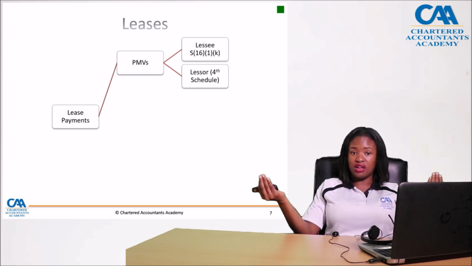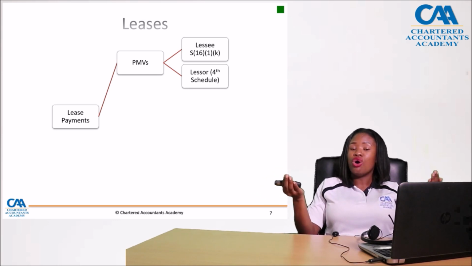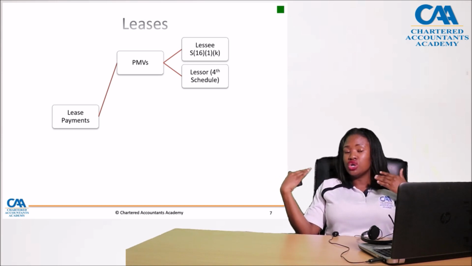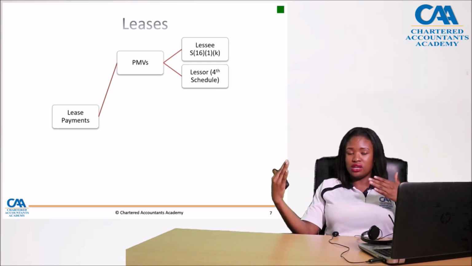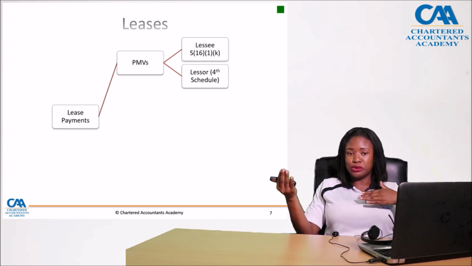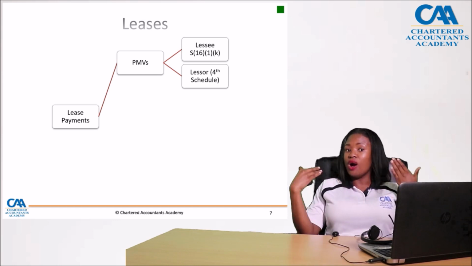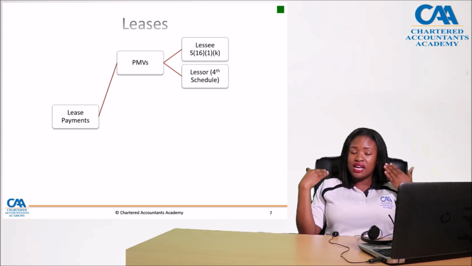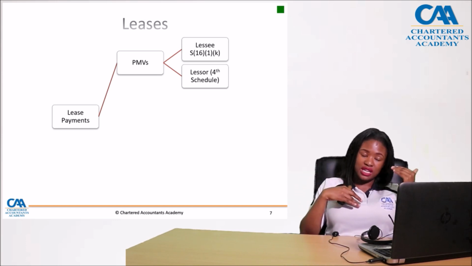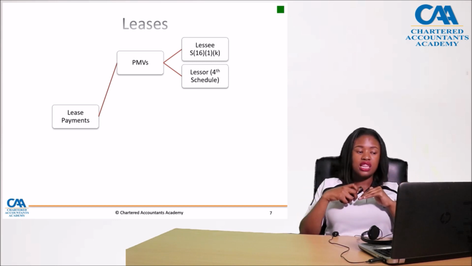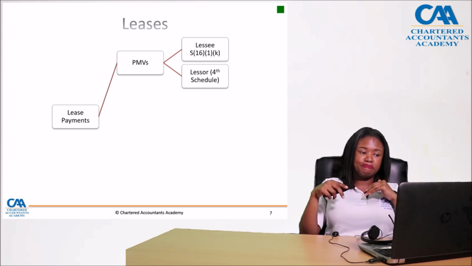If they got it for 50,000, they can claim SIA on the 50,000. They are not restricted to the 10,000, like when CAA buys a motor vehicle which it is going to be using on a day-to-day basis. They are only allowed to deduct the capital allowances on a cost of 10,000, regardless of how much they bought the car for.